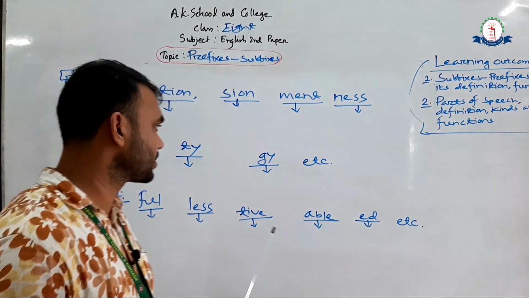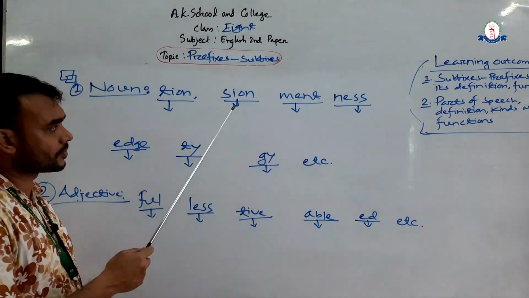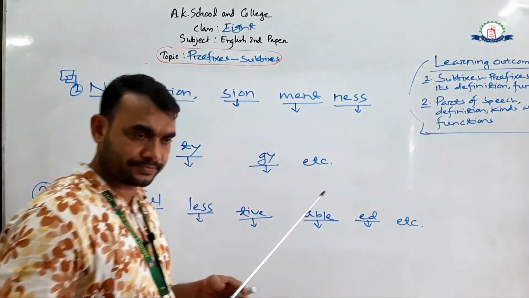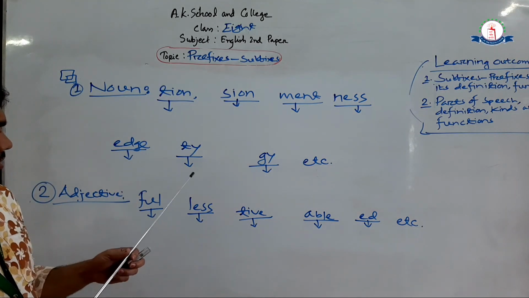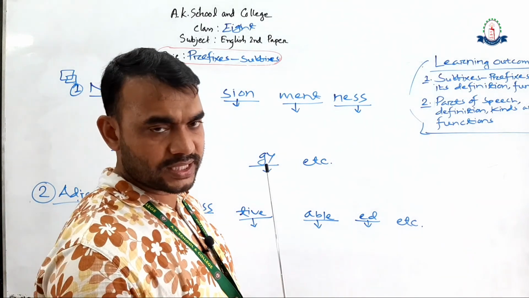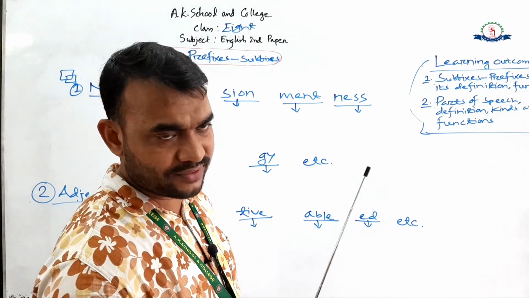Okay, look at the board please. Here, whenever you get TION, SION, MENT, NESS, EDGE, TY, GY, etc., then it will be a noun in terms of prefix and suffixes.